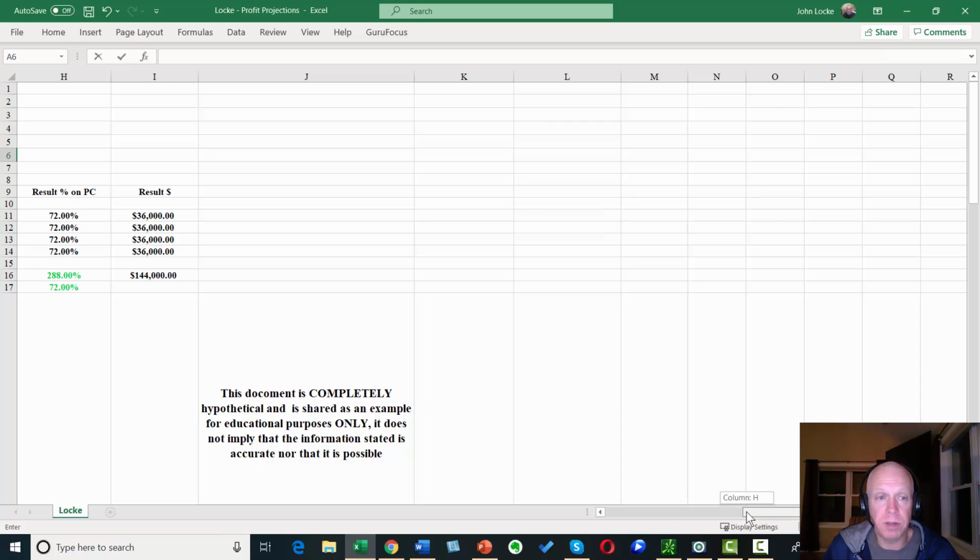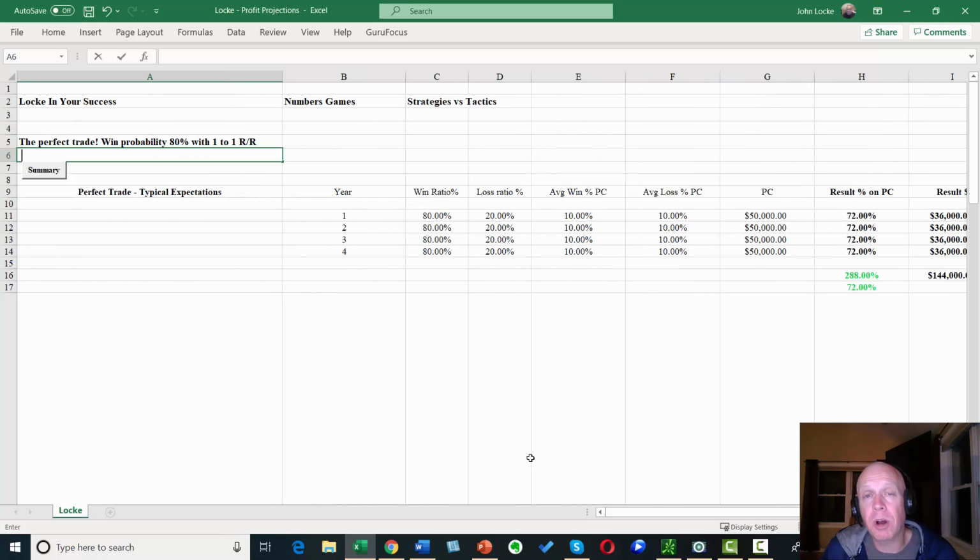And let's move on. What we might call a perfect trade in the income trading world is a trade that has a probability of winning of 80% with what we call a one-to-one risk reward ratio. In other words, we're going to put the trade on, and this is a non-subjective income trade, by the way.